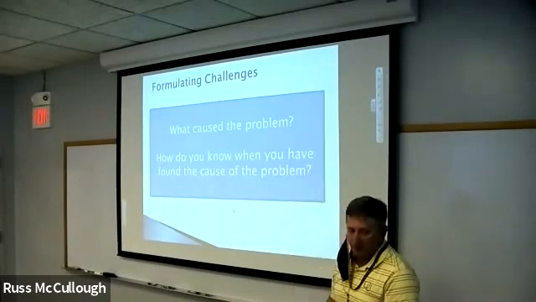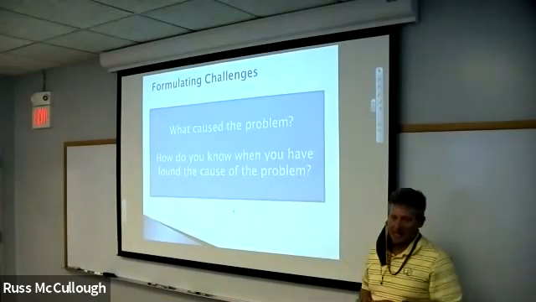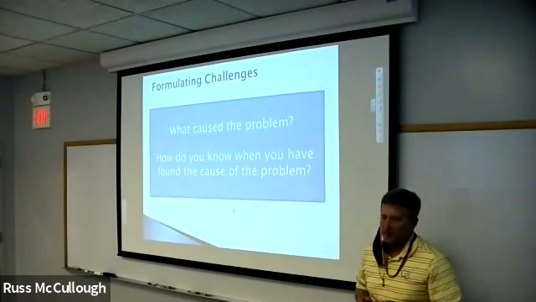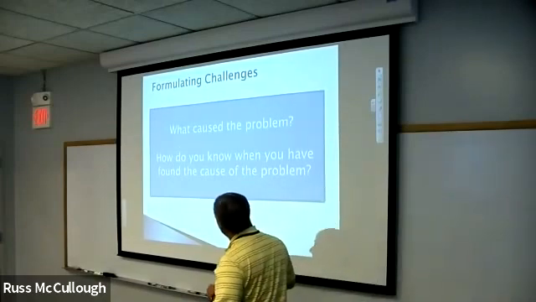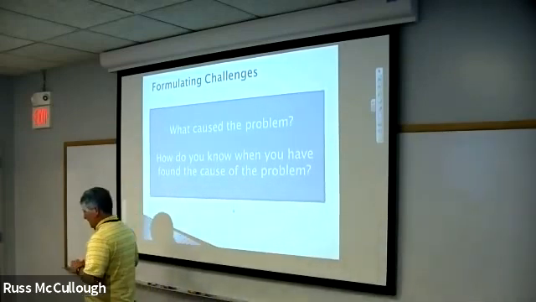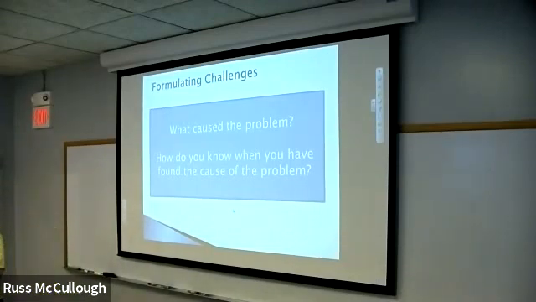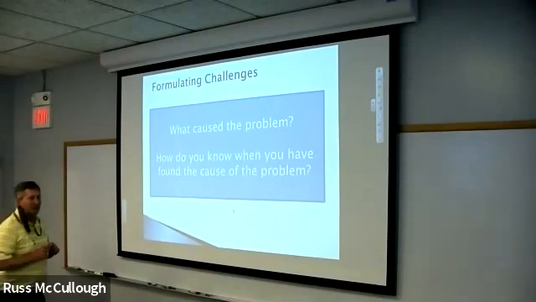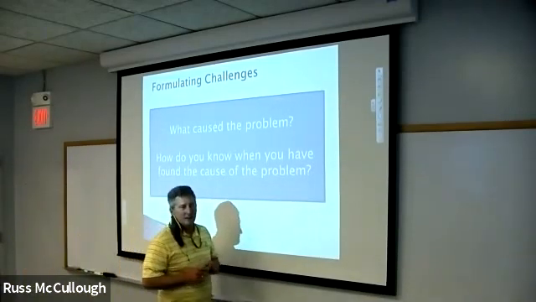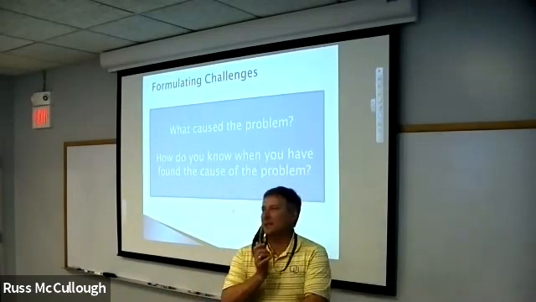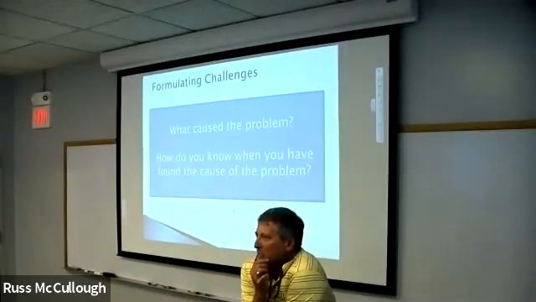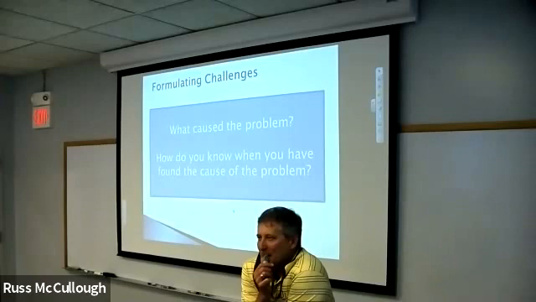Okay, so what caused the problem? Where do we find the causal chain, right? When we think about a problem that we have, what caused it? How can you find the root of the problem, so to speak?